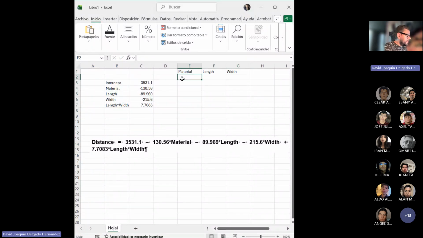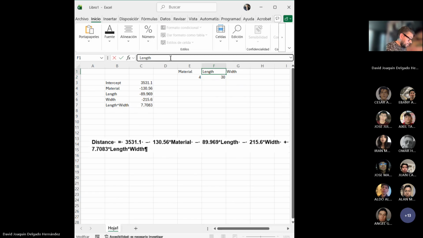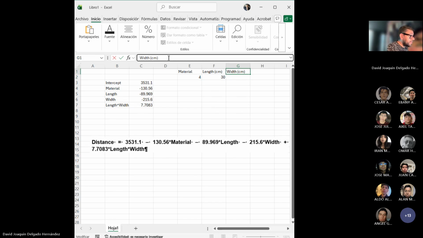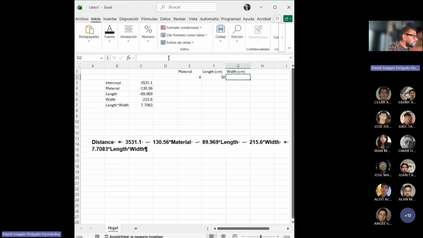For instance, let's suppose that I have material, it will be 4, length, it will be 30, that is in centimeters, and the width will be as well in centimeters, 12.